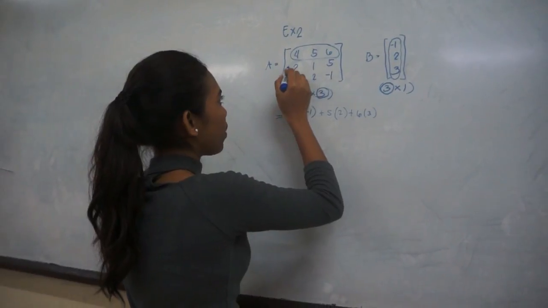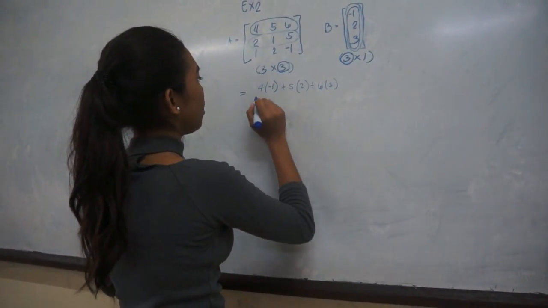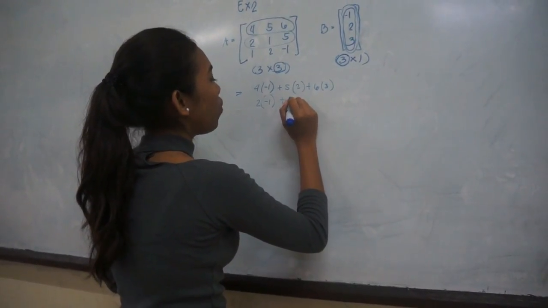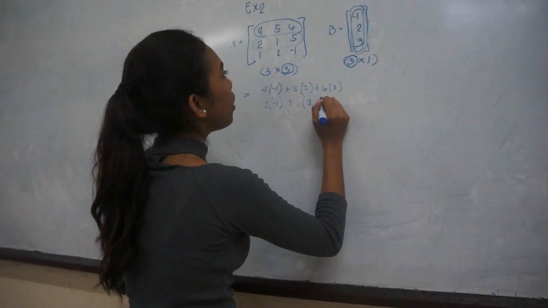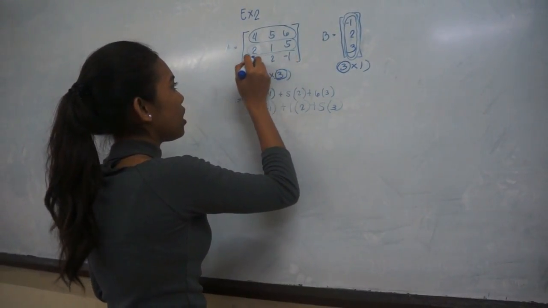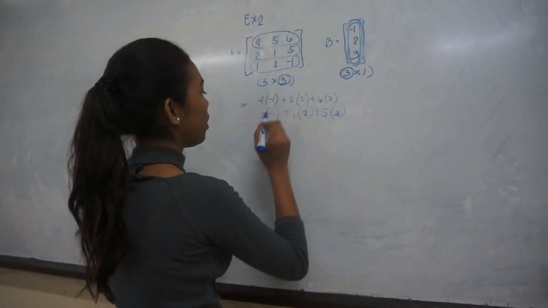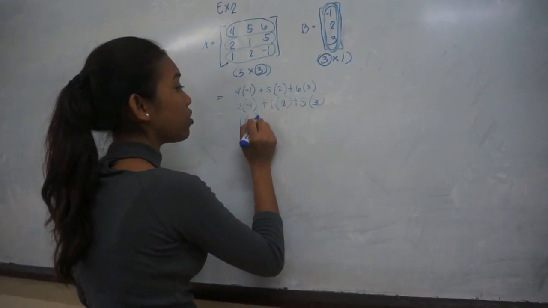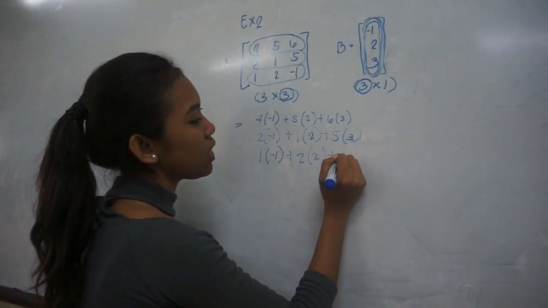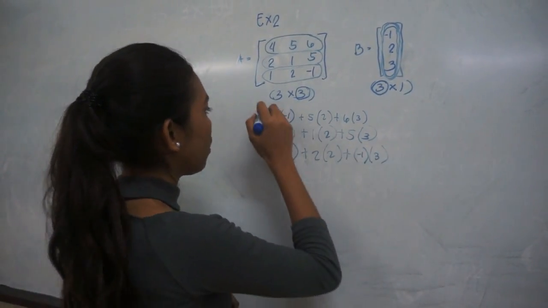Next, this row to this same column. 2 times negative 1 plus 1 times 2 plus 5 times 3. And lastly, this row to this same column. 1 times negative 1 plus 2 times 2 plus negative 1 times 3.